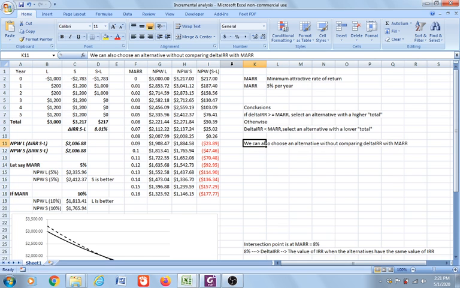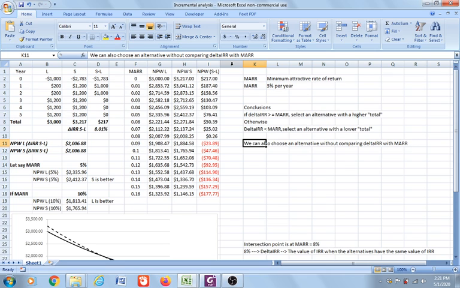Because we are comparing delta IRR with MARR, that means we need to calculate delta IRR first. So there is another way that we can do without calculating the delta IRR.